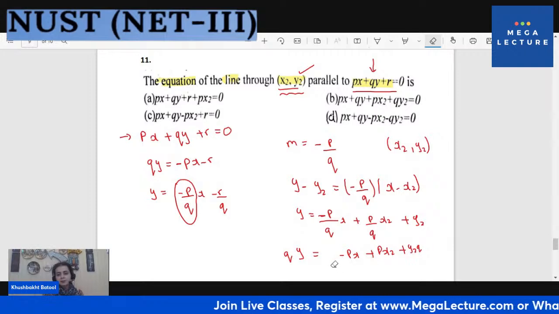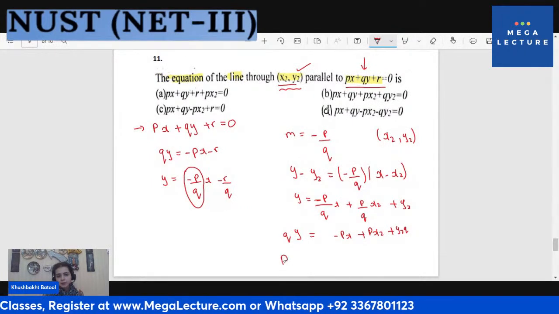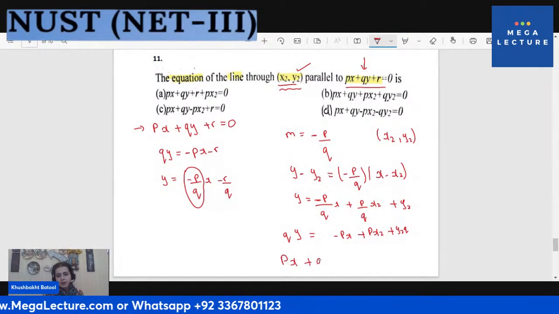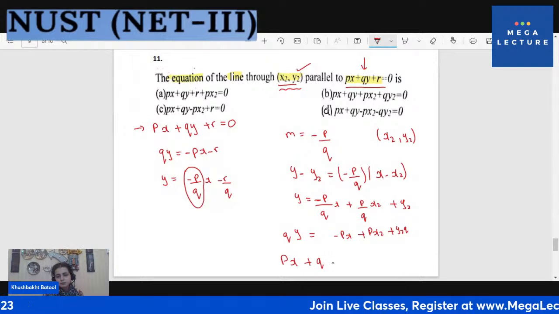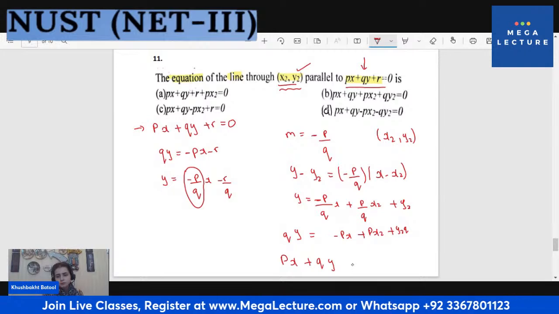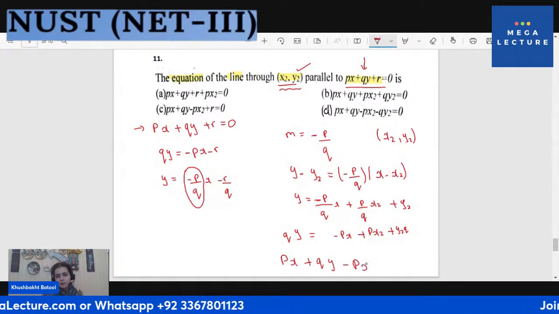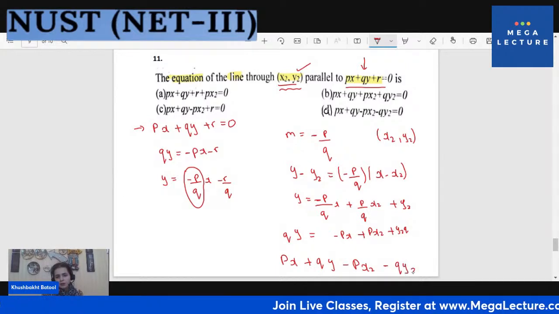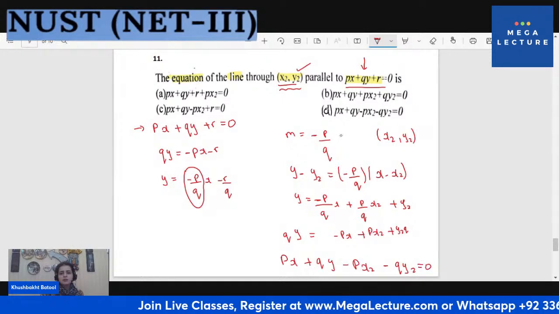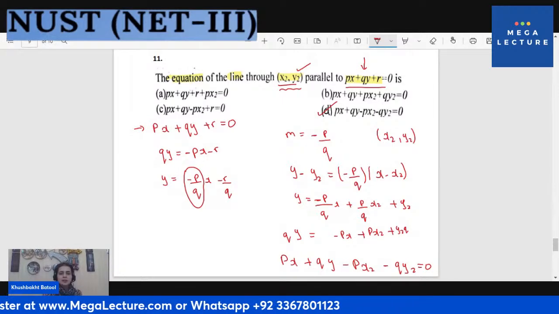And upon simplification, I am going to get px plus qy minus px2 minus qy2 equals 0. So the answer is going to be D in this case because that is the only option which matches this.